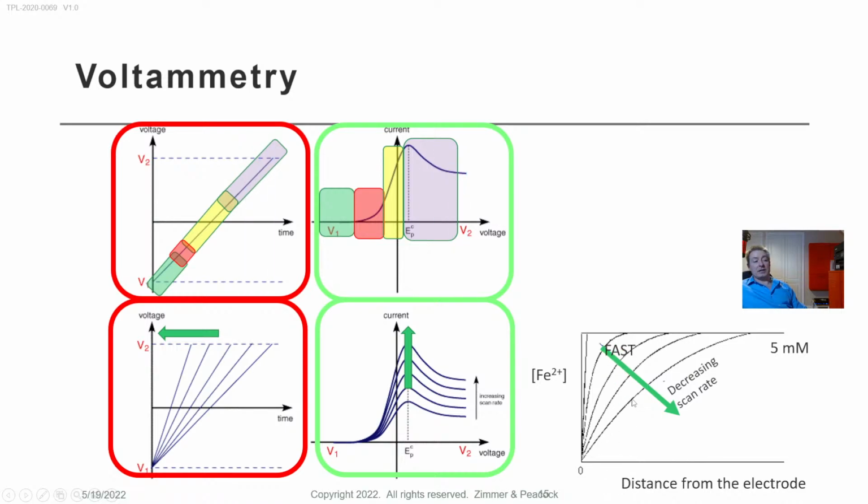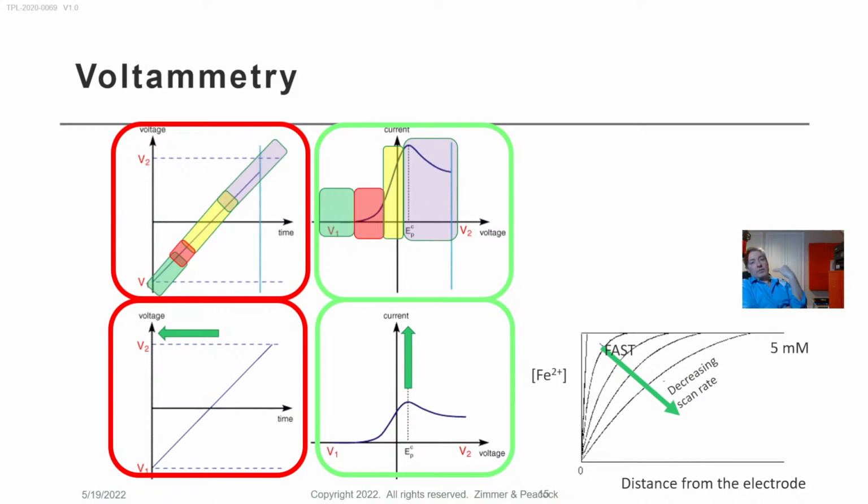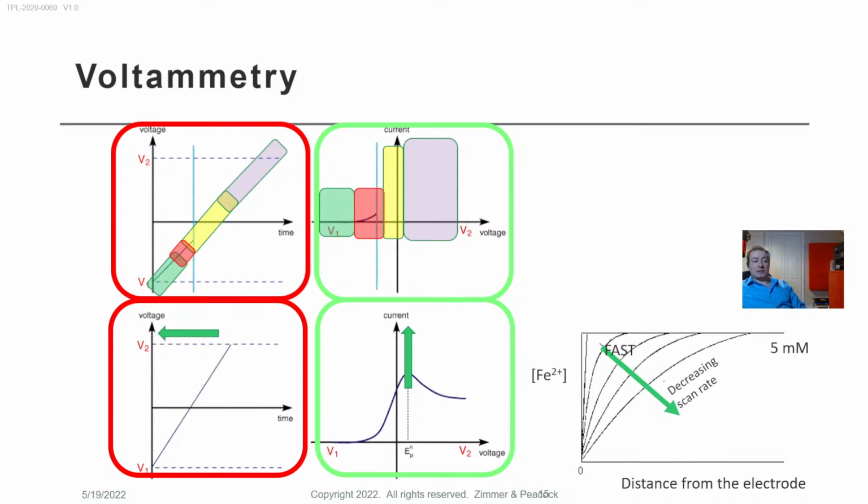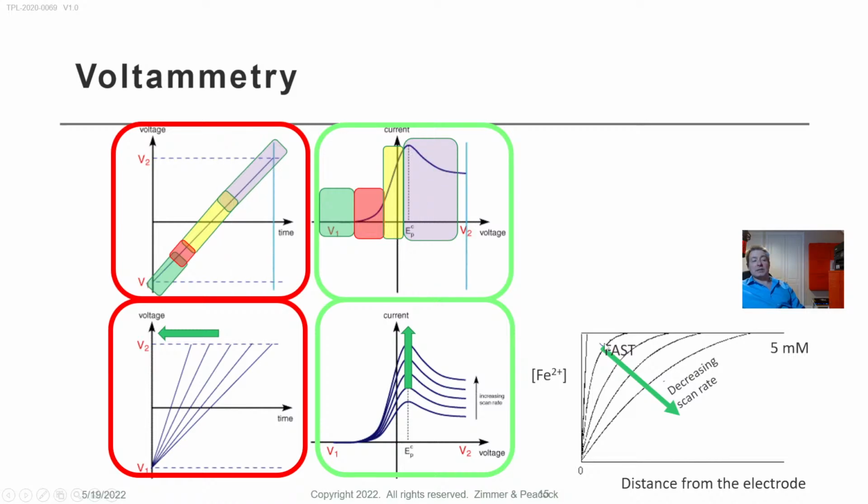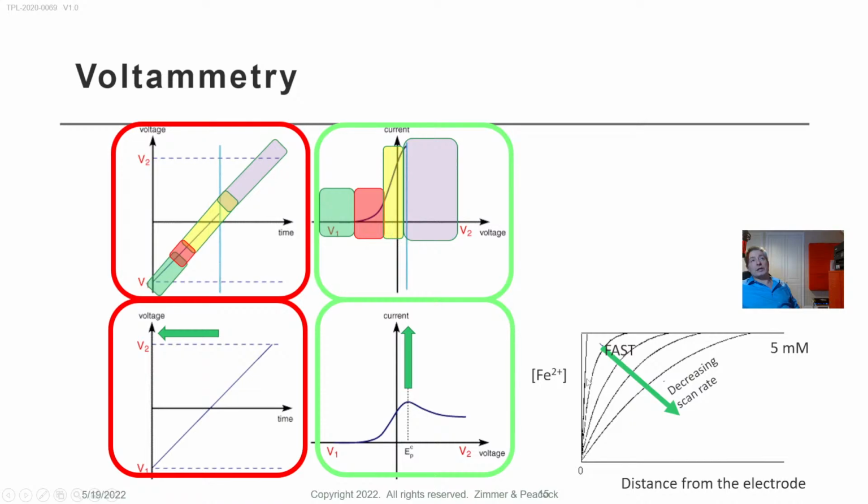When you scan very fast, you go from voltage 1 to voltage 2 very quickly. You do it so quickly that you have hardly any time to convert ferrocyanide, for example, to ferricyanide, and you get a very steep concentration gradient.